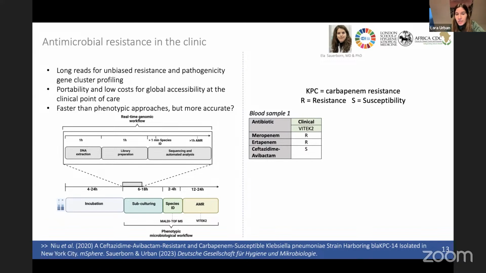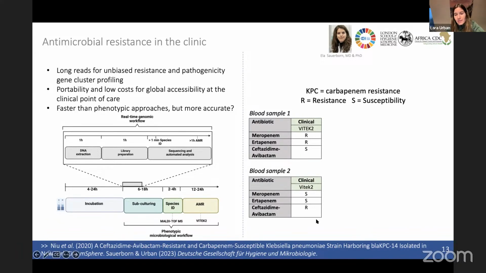However, the patient's status deteriorated, and when another blood sample was taken, the actual infection had completely turned around its antibiotic resistance profile. It was now susceptible to carbapenems and resistant to the last resort antibiotic, which is actually a quite severe resistance to find in a clinical setting.